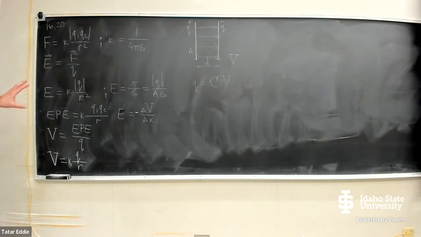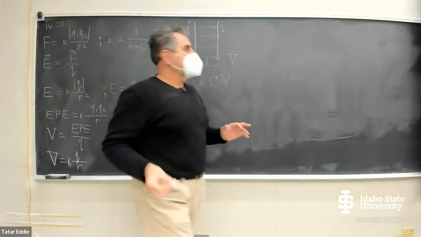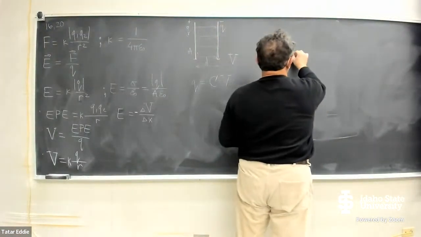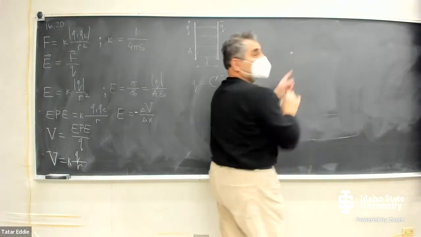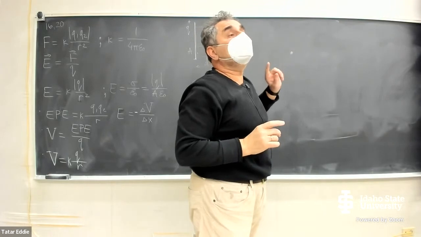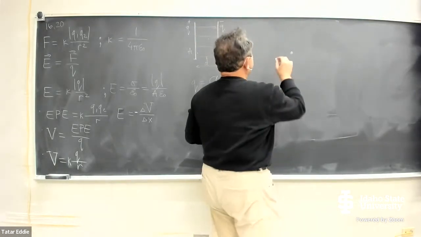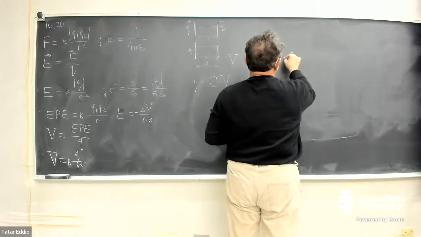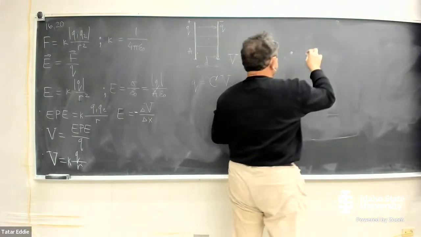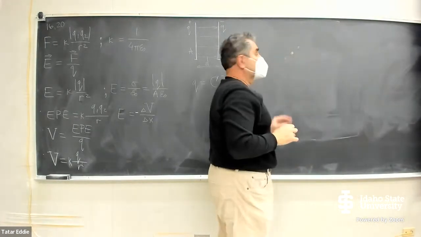So what does this formula tell you? Let's say that you want to calculate the electric field at this spot right here on the board. What you have to do is take the voltage at a neighboring point, and take the voltage at another neighboring point.